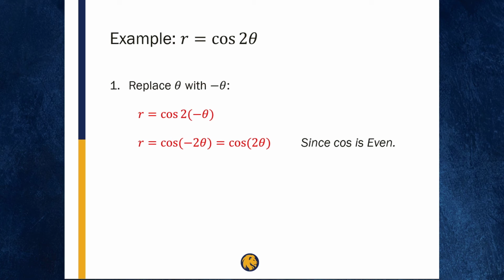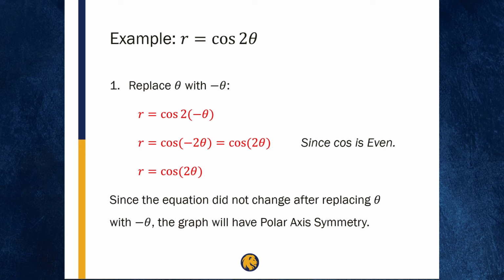Since cosine is even, however, cosine of negative 2 theta is the same as cosine of positive 2 theta. So by putting a negative theta there, the equation still would be r equals cosine 2 theta. What this tells us is the equation did not change after replacing theta with negative theta, and as a result, we can know beforehand that this will have polar axis symmetry.